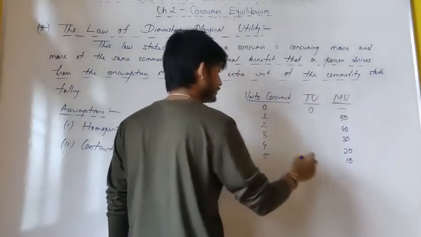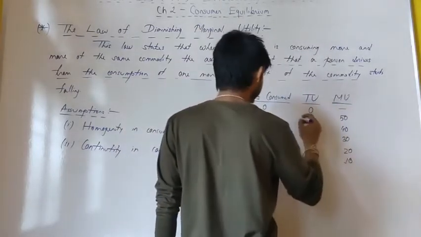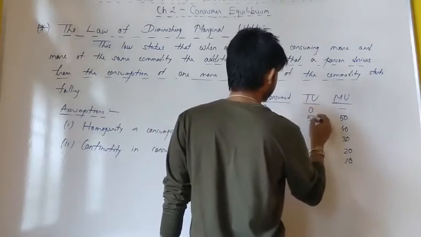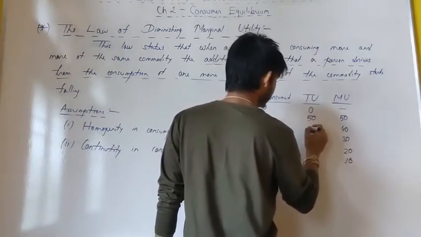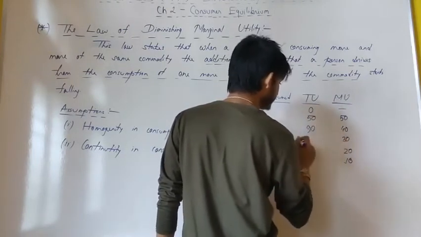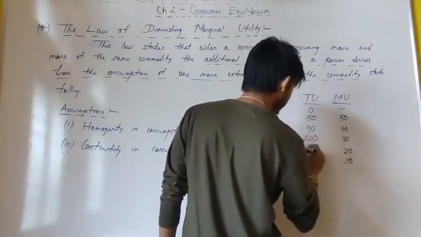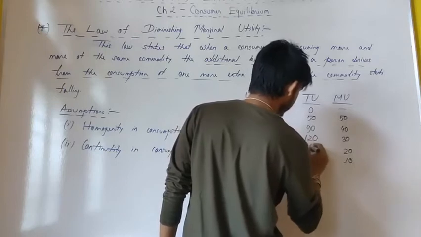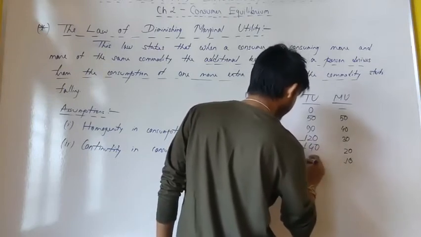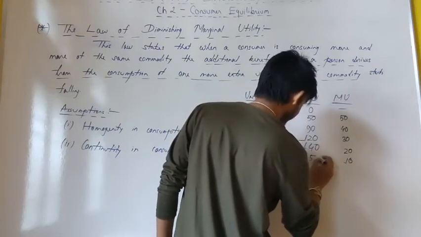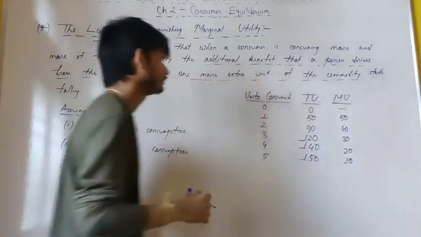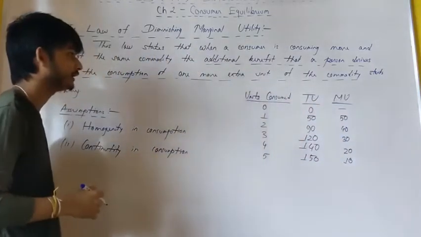Now let's fill up our total utility. 50, 50 plus 40, 90, 90 plus 30 is 120, 120 plus 20 is 140, 140 plus 10 is 150. So we have made up a table.